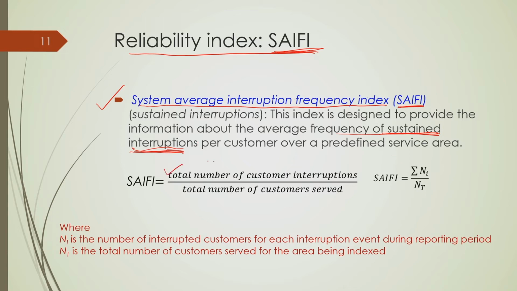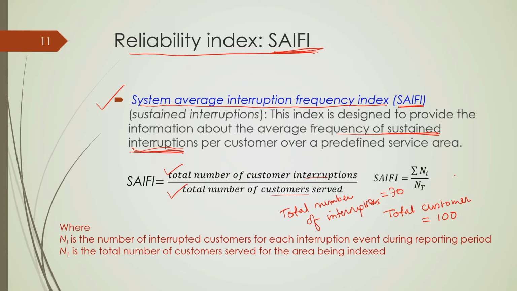The numerator is the total number of customer interruptions and the denominator is the total number of customers served. Suppose the total number of customers under a distribution network is 100, and the total number of interruptions is 70.